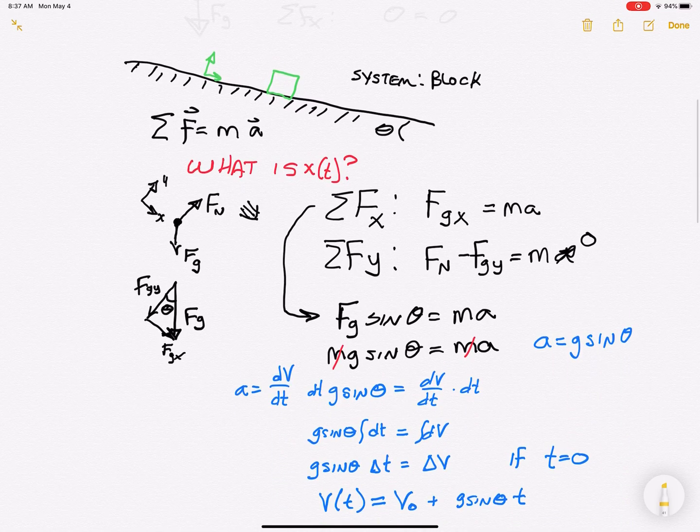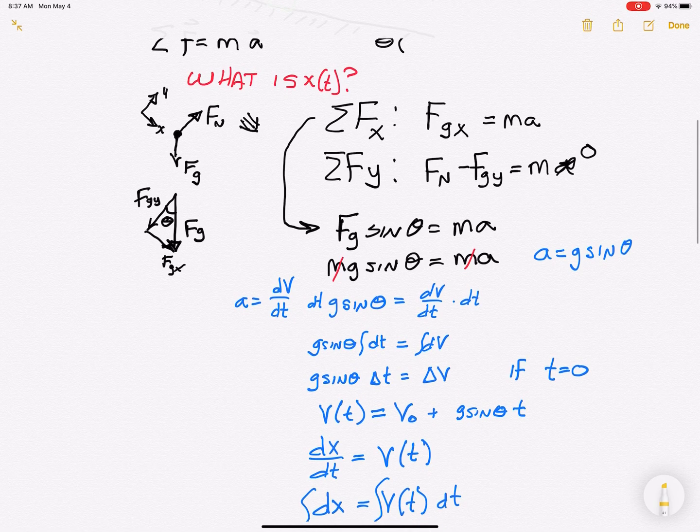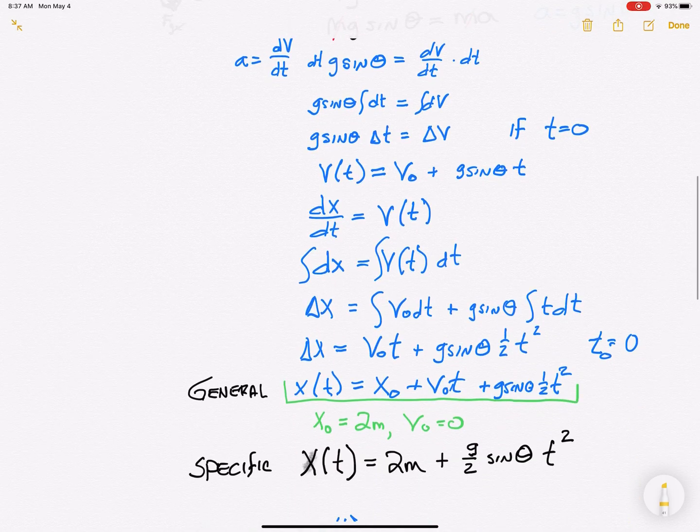To the problem we've seen before, where we set the ramp at an angle, and we wind up getting the big equation we use all semester.